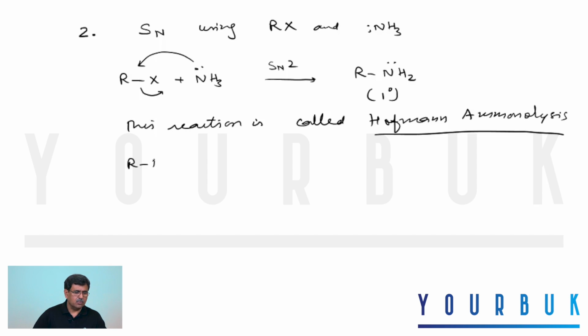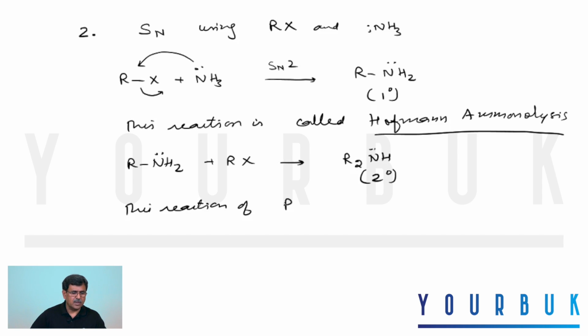Now this RNH2 further reacts with the same alkyl halide to give a 2-degree amine. This is 2 degree. So this reaction of haloalkane with ammonia gives a mixture of amines. So this is not a very good method to prepare amines.